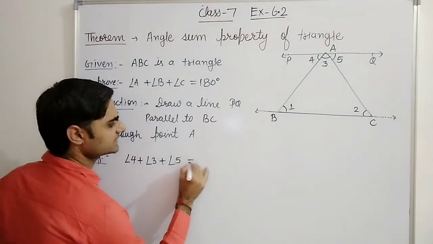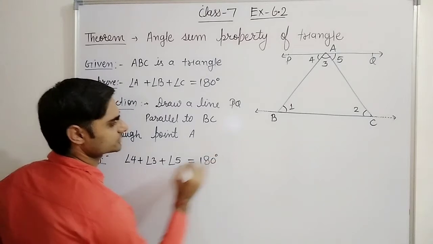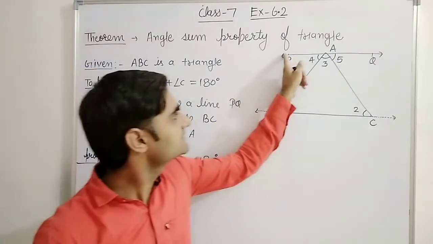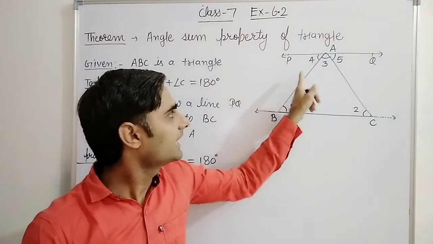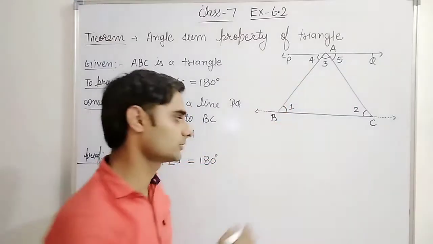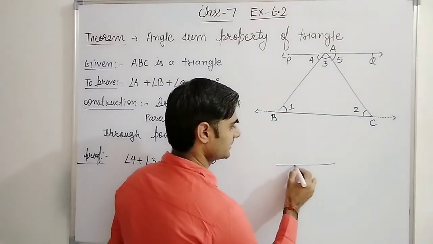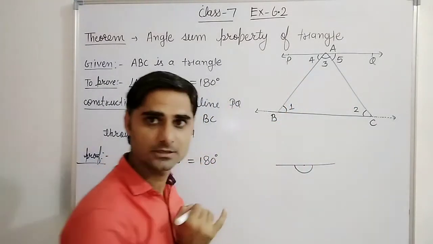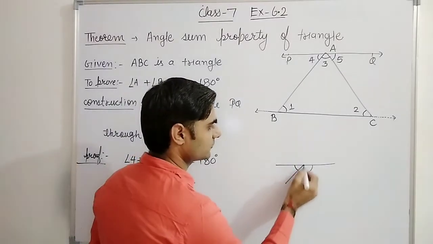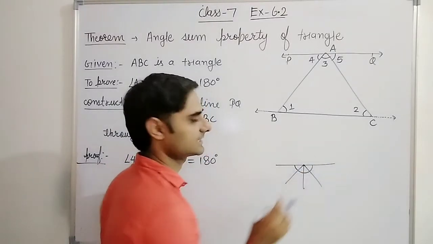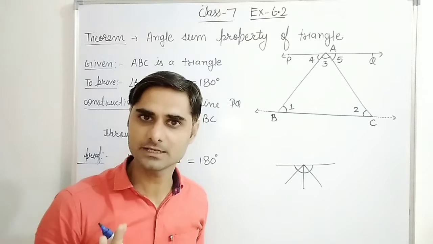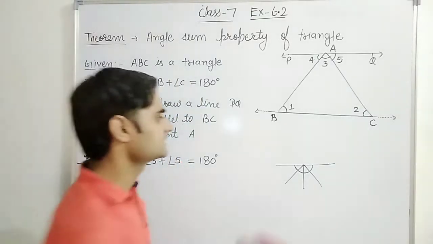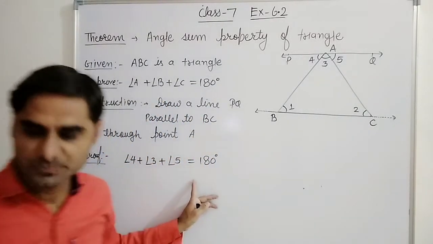What will be the sum of these angles? 180 degrees or not? See, PQ is a straight line and all the angles are formed on the same line. This is 180 degrees or not? Right? How many angles we are forming doesn't matter. Here 3 angles are there, and their sum also will be equal to 180 degrees. So we can write here that this will be equal to 180 degrees.